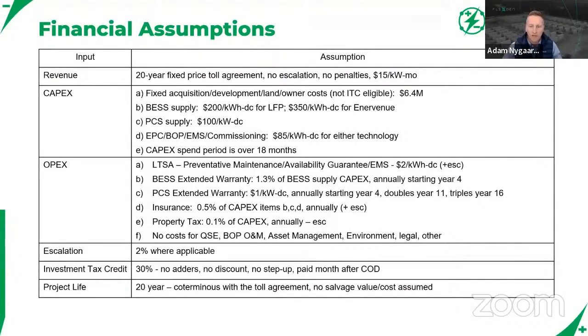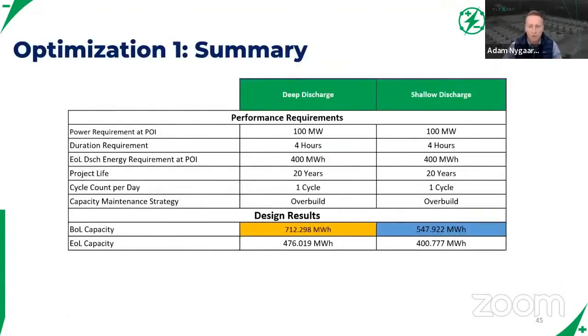You can see the values we've assigned to those. All in all, we're at a little over $300 per kilowatt hour, which you'll see in the next slide, and is pretty close to being in line with what NREL or maybe WoodMac publish.